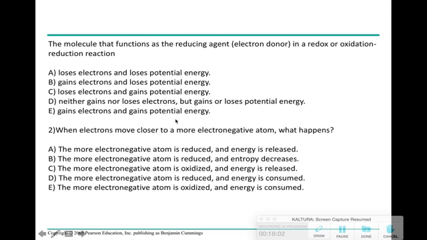Why are we making the electrons jump, or why are electrons jumping? The thing is, when electrons jump from a less electronegative molecule to a more electronegative molecule, they release energy, and that is the goal of cellular respiration. So try and answer these two questions and find the correct answer based on the statement that I just gave.